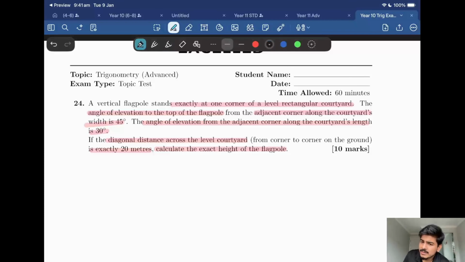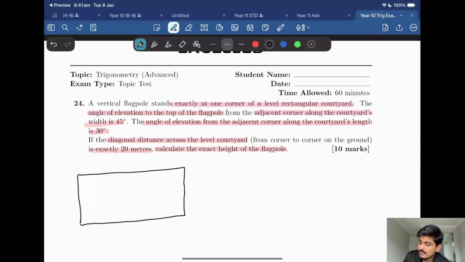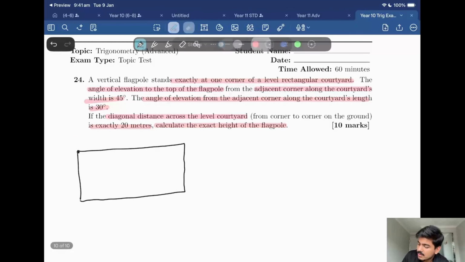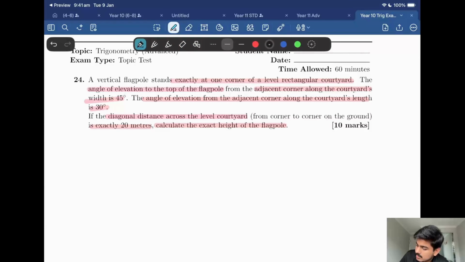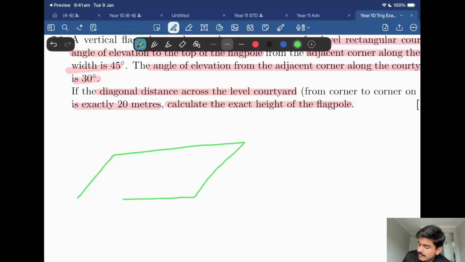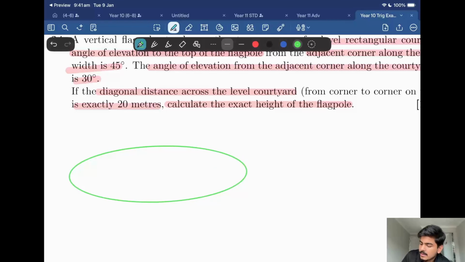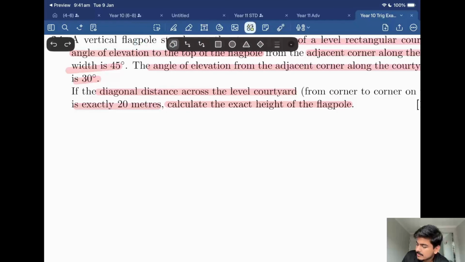Okay, so I think we've seen a question like this before. We want to draw out our courtyard. This is the top view of our courtyard, and here is where the flagpole is. I'm going to draw this kind of 3D, with the courtyard in green.